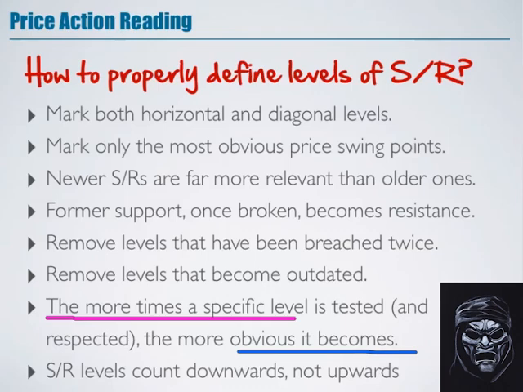Okay, and finally, remember, label your levels of support and resistance as per their respective time frames, and make sure to only mark those belonging to your time frame of choice and upwards, not downwards.